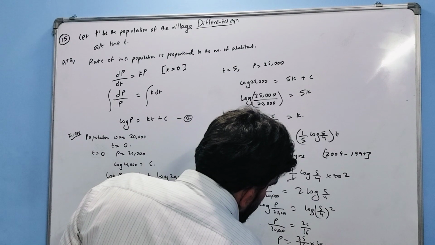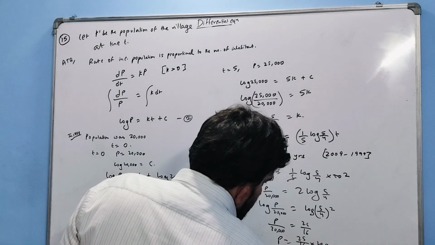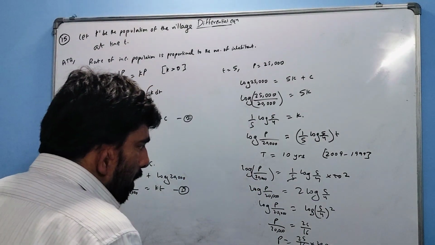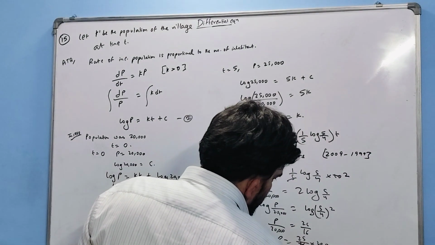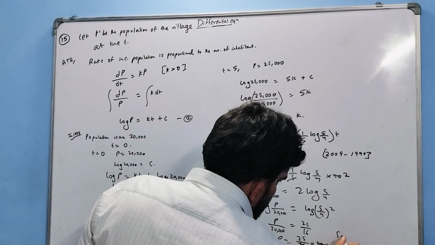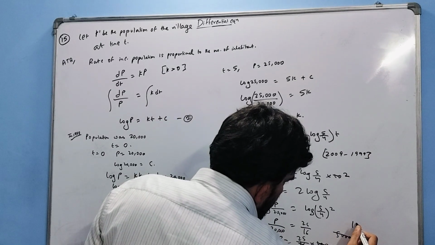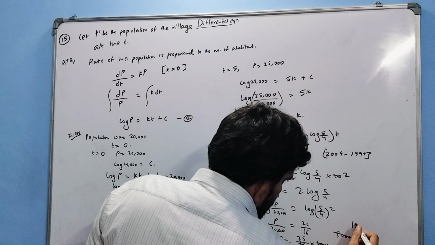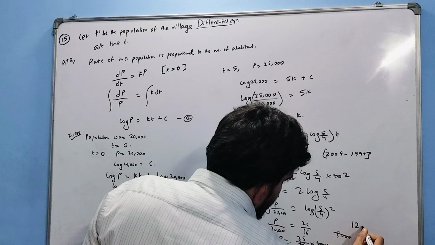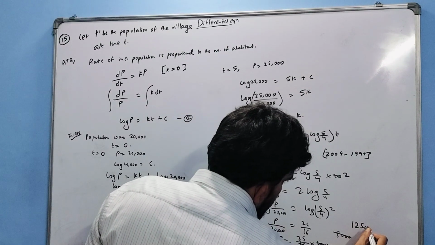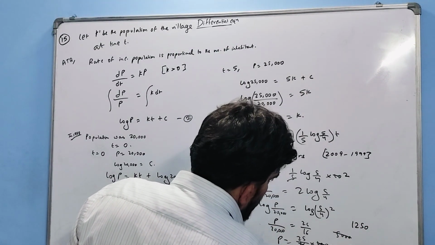Now P is equal to 25 upon 16 into 20,000. So now we can easily solve this by reducing by 4, and then again by 4, so we get 1250 into 25.